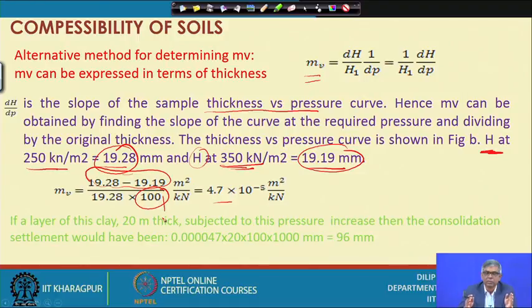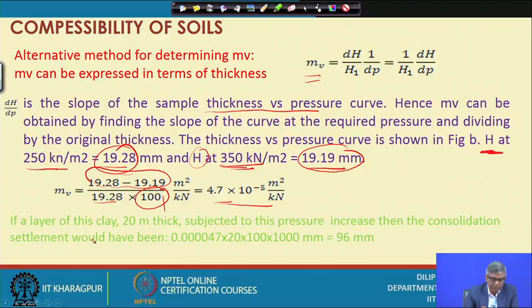And because of this change of pressure, what is the change of thickness? Whatever was originally 19.28 has now become 19.19. The difference is del H, and del H divided by the original thickness 19.28 gives this calculation: 4.7 into 10 to the minus 5 meters per meganewton.